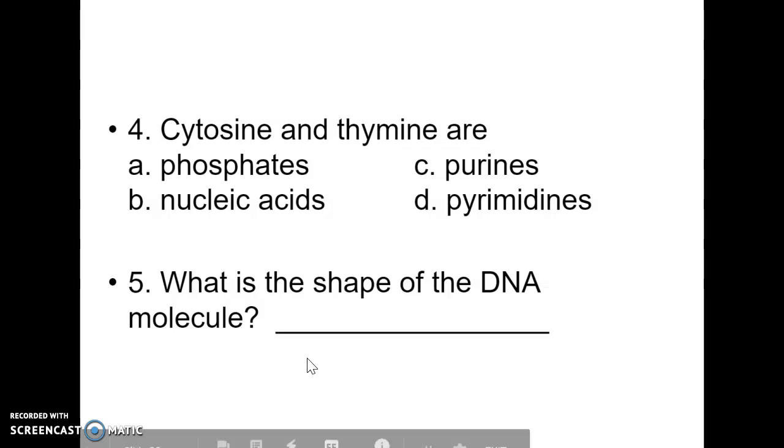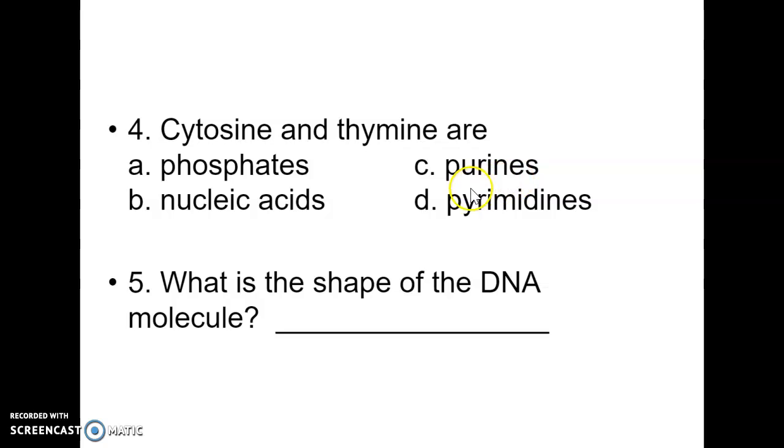Cytosine and thymine are... okay, we know they have to be either purines or pyrimidines. So, do you remember which one? Cytosine and thymine are the pyrimidines. And that means that the purines would be the adenine and the guanine.